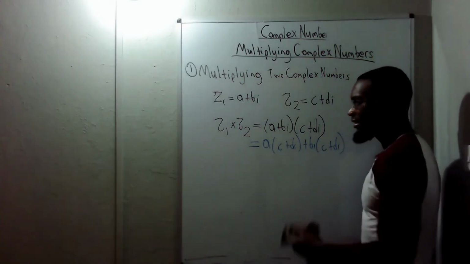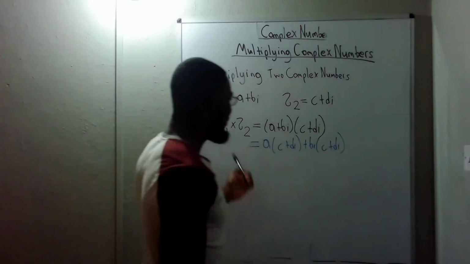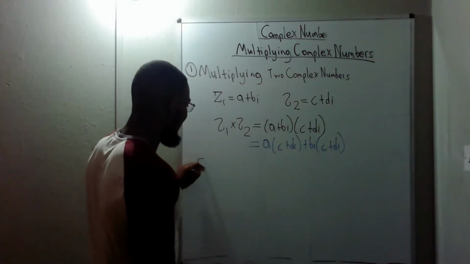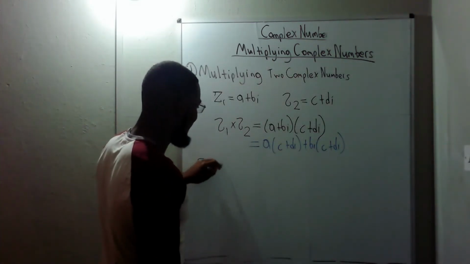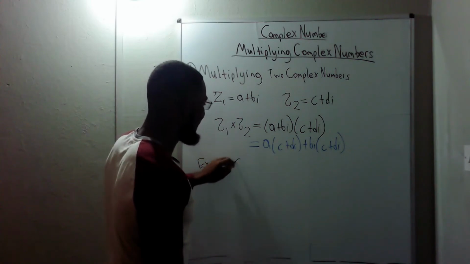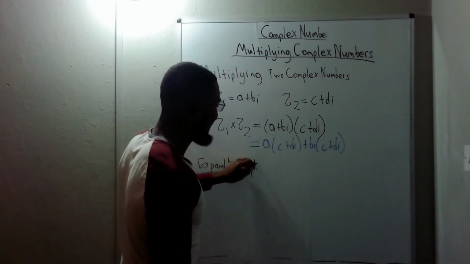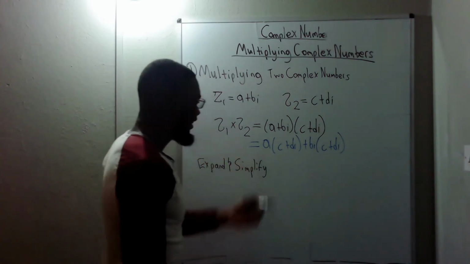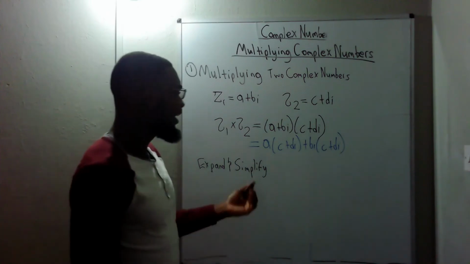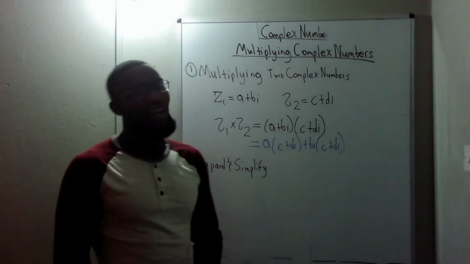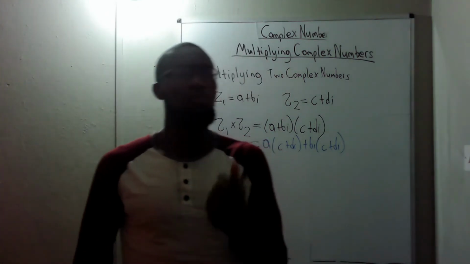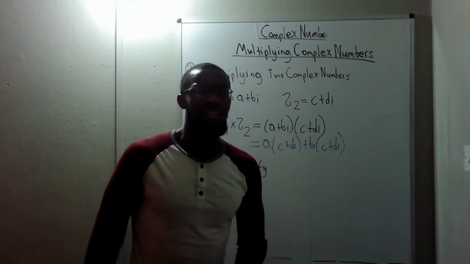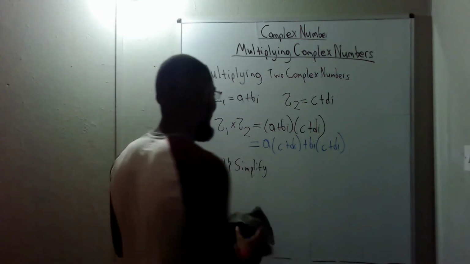Then we expand and simplify. And that's all we do in order to multiply two complex numbers. And of course, we expand and simplify to put it back in its standard form. So let's look at an example right here.